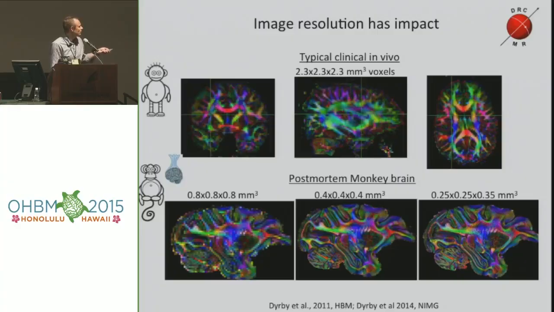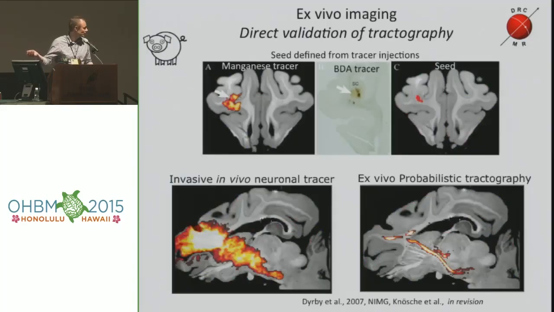But just to say, this is a typical clinical in vivo scan of 10 minutes. But with fixed tissue I can go to very high resolution and very nice anatomical details, where you can just look at this color coding. And then you can start to manipulate or set up situations that are not possible on clinical scanners today, and see how your tractography method actually works in these different settings.